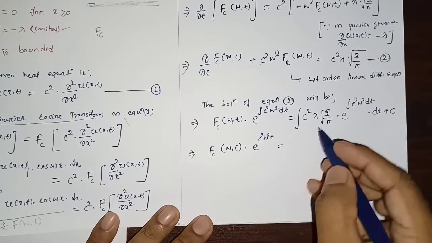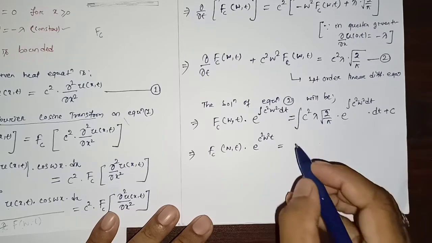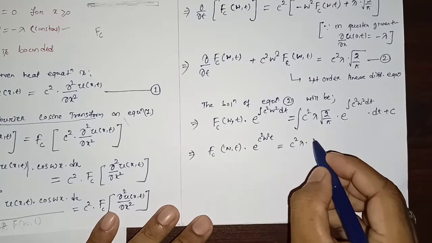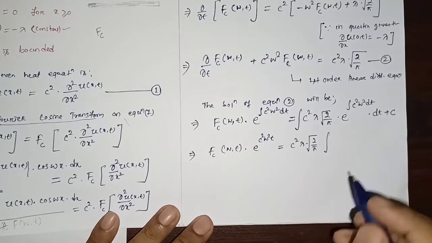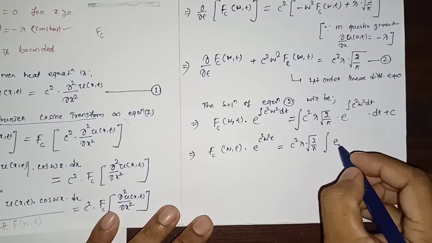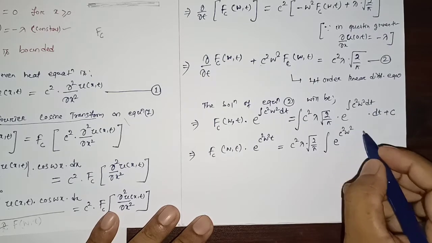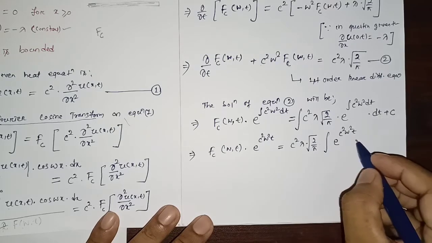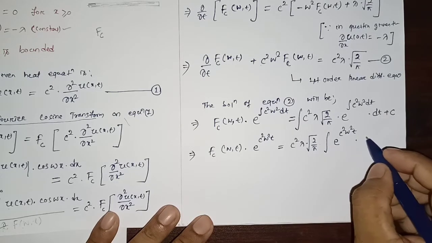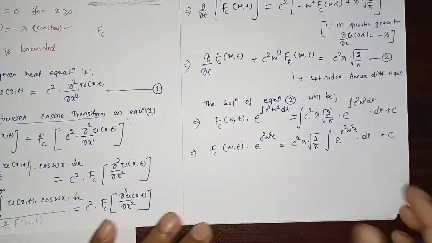Is equal to, here you can see c²λ times root over 2 by π is a constant taken outside. Integration of e to the power, this value will be c²ω²t, into dt, plus c.